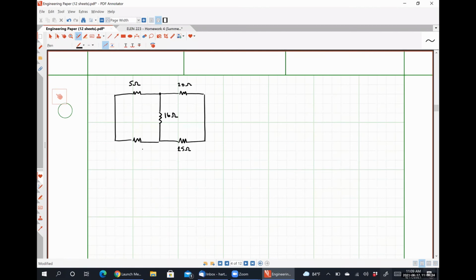Here is a 21 ohm resistor. Here is a 7 amp source. And my goal in this problem is to determine this voltage that I've labeled here, Vx. And we are going to do this using mesh analysis, okay?